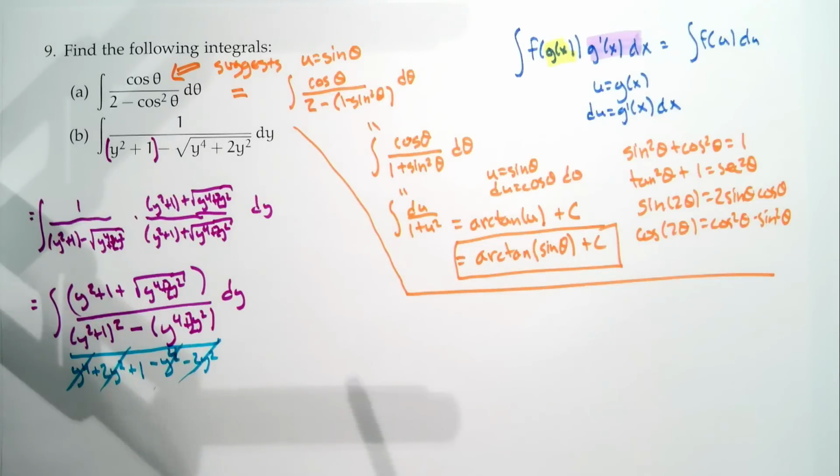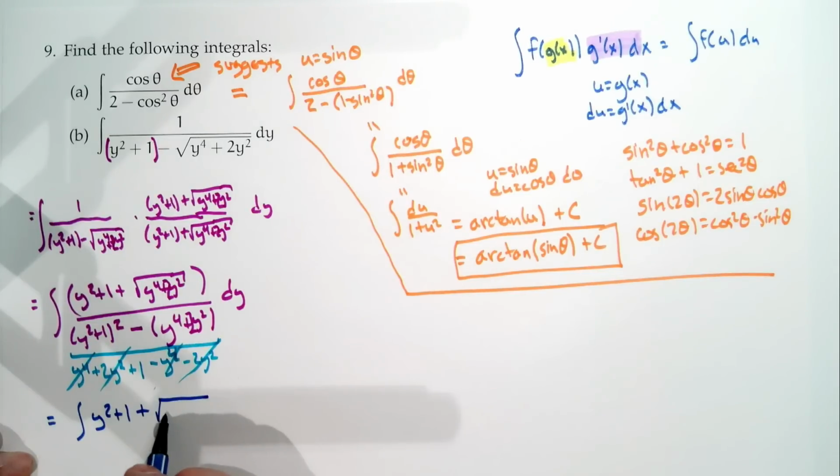That's a lot better to work with. We like that denominator. Okay, so now our integral becomes the following. Well, we have y squared plus 1 plus the square root of y to the fourth plus 2y squared. Okay, at least that is a much more palatable integral to be working on.